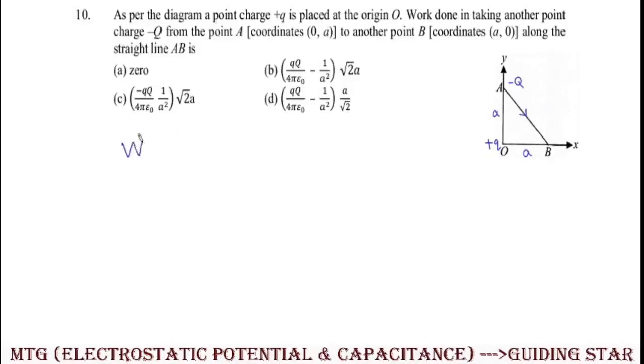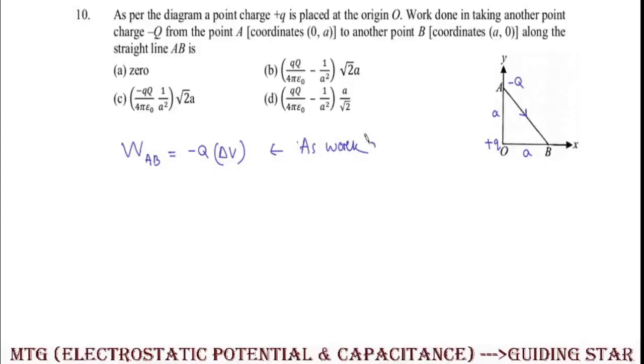We know that the work done while moving the charge from A to B will be nothing but the given charge, which is minus Q, into the potential difference between the given locations.